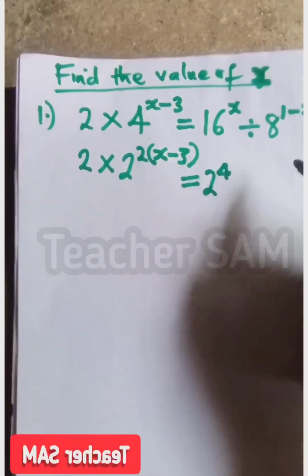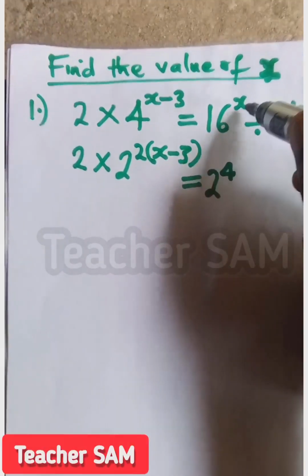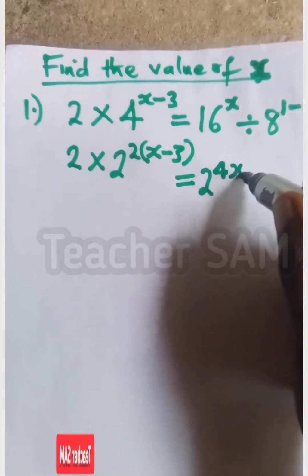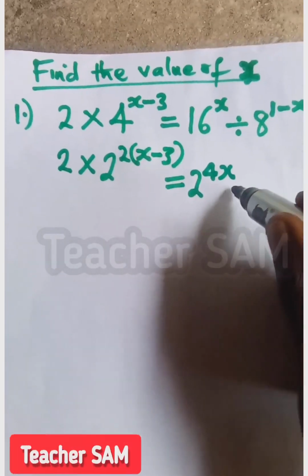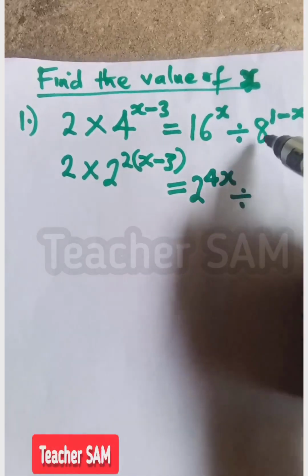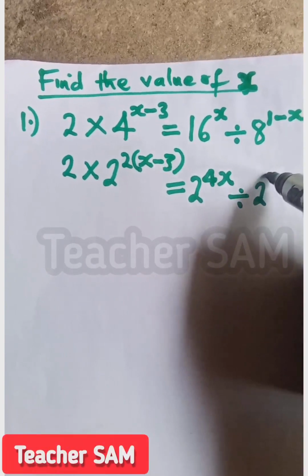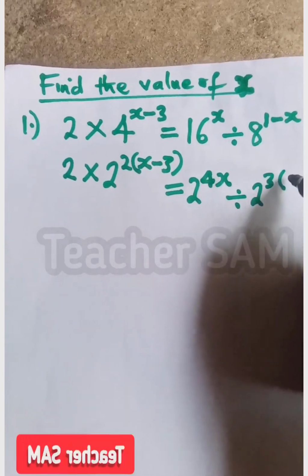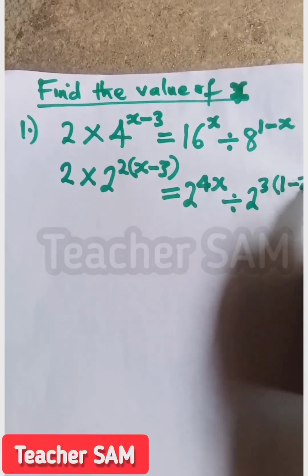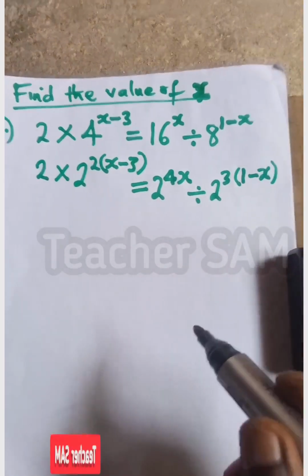I have x there, so I can multiply by the x, so I have 4x. Now divide by, 8 is the same as 2 raised to the power 3. Remember, I have a power there, so 1 minus x.